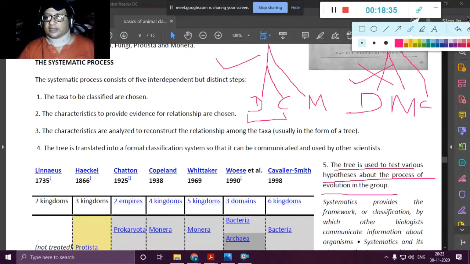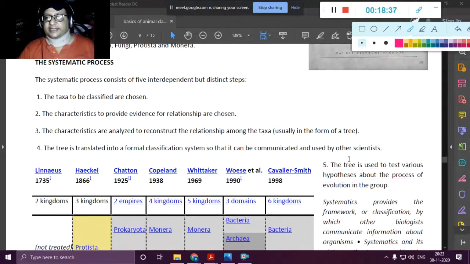So this is how these characteristics are chosen. What is more closer together? You see the number of more similar characteristics, the closer they are. Farther away, they are far away from each other, and you make a relationship like this. You can make this relationship in a different manner.